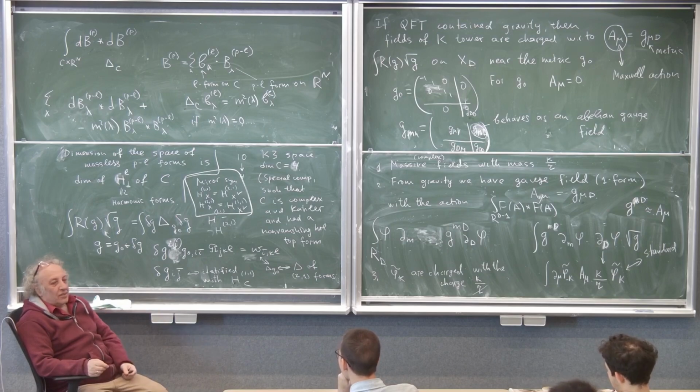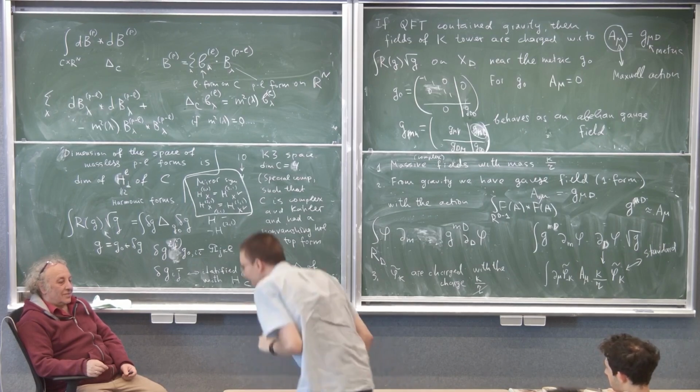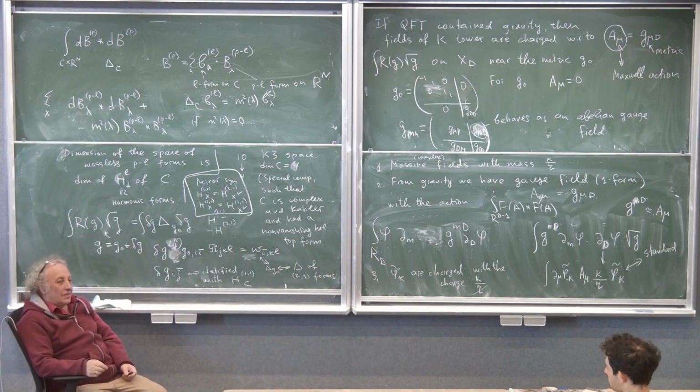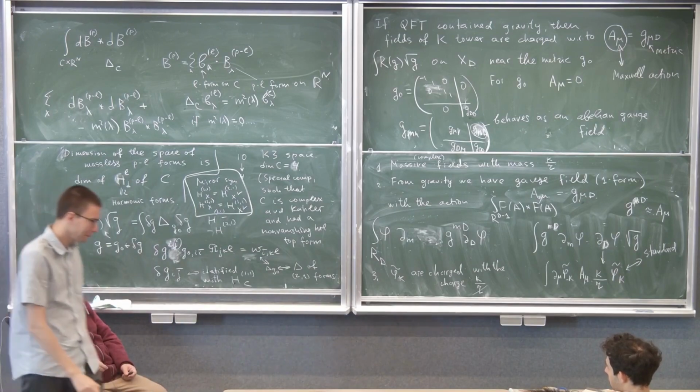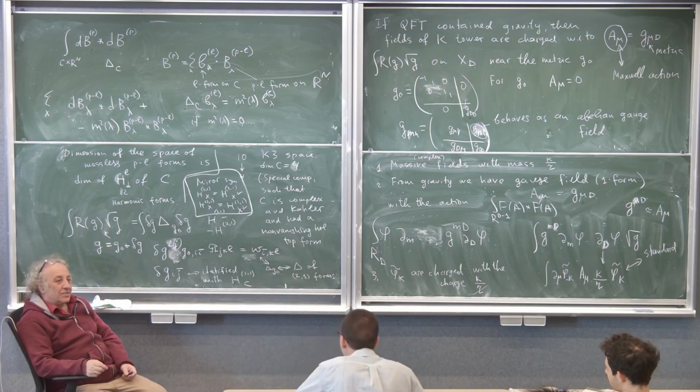And this space is very exceptional because cohomology of this K3 space has 22-dimensional space of second cohomology. And intersection lattice on this second cohomology is quite interesting.